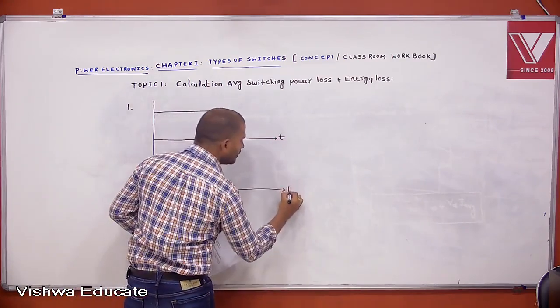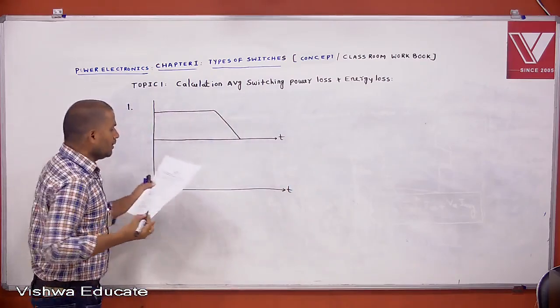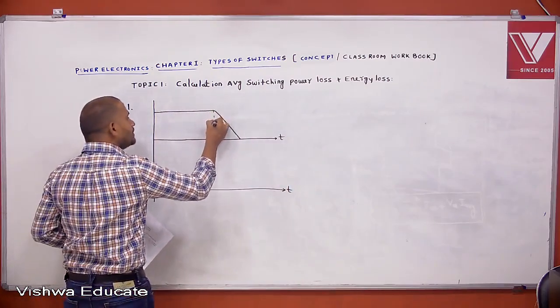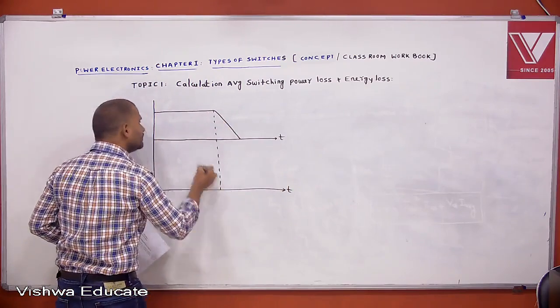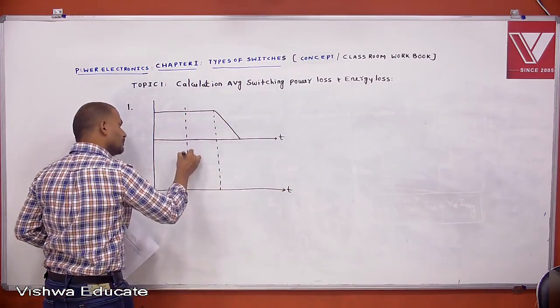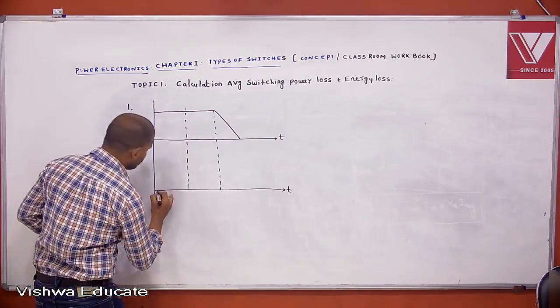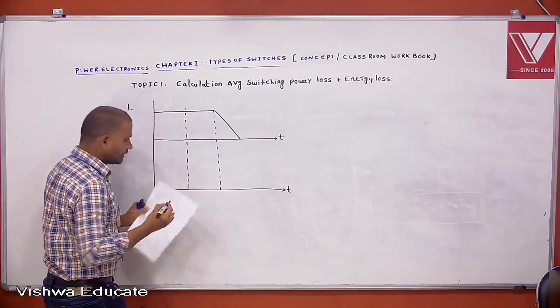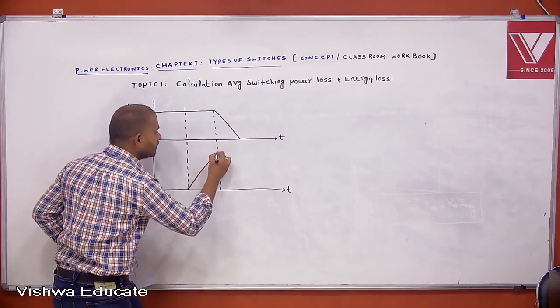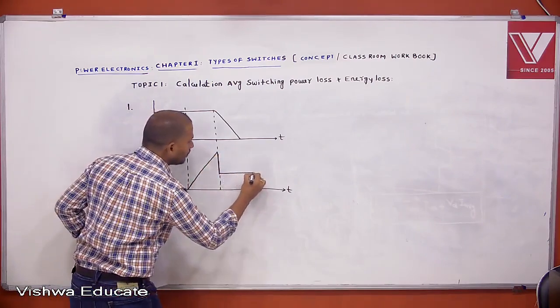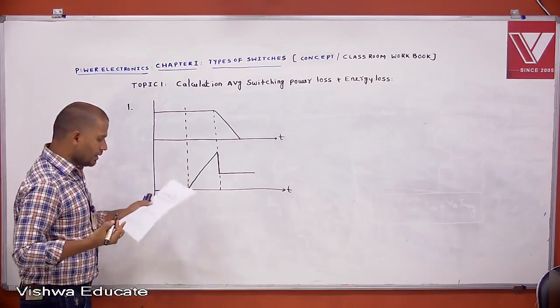This is T and this also T. The current through the switch is given like this.